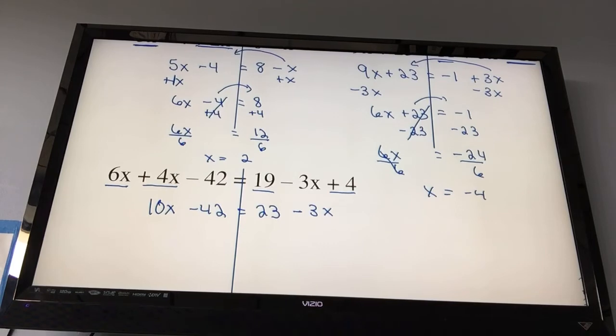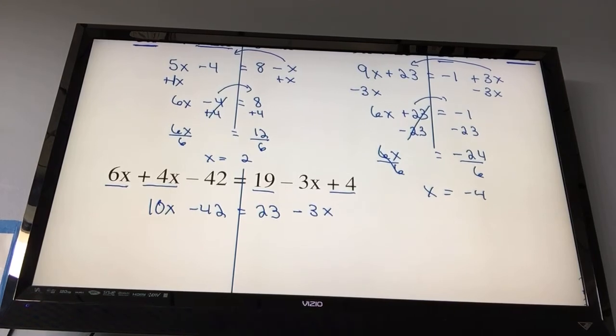Wait, I can't get 35. 13 times 5. 10x plus 3. I think I did something wrong.